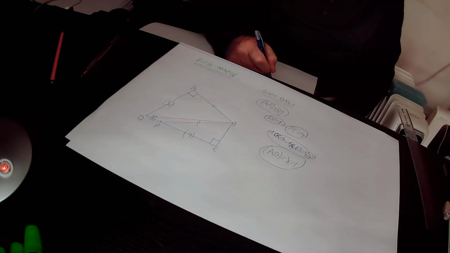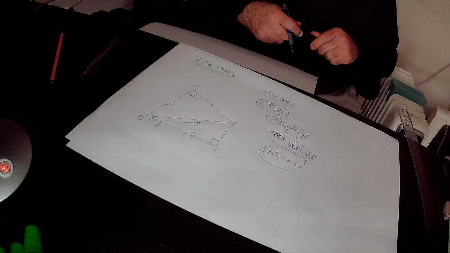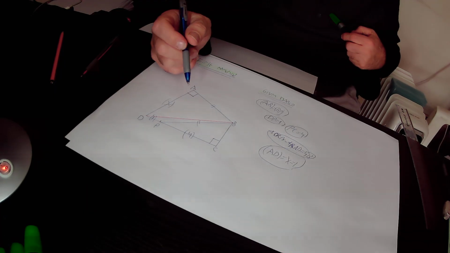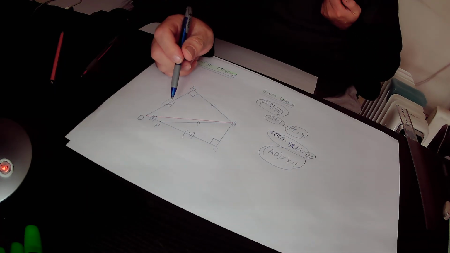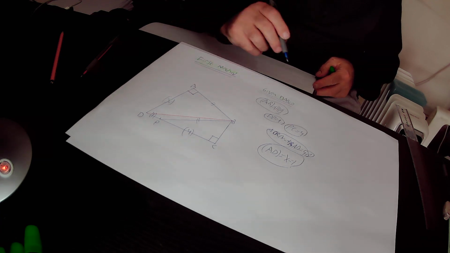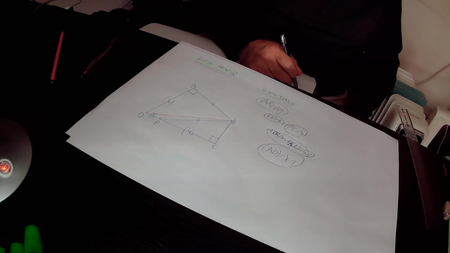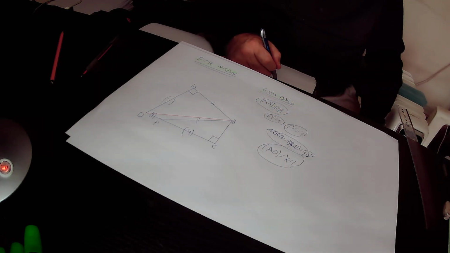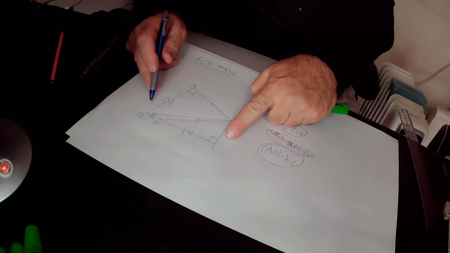Here PT is the abbreviation for Pythagoras theorem. According to the Pythagoras theorem, in this right lower triangle DBC, DB squared, that is the square of the hypotenuse, equals BC square plus DC square.